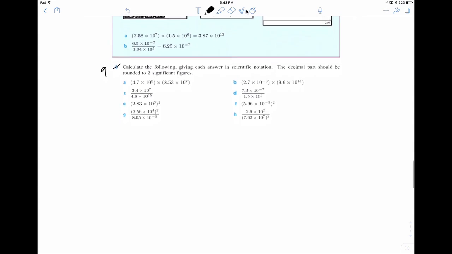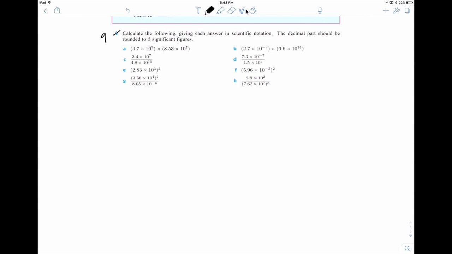And let me do just one of the 9s, and this will wrap it up. We'll do B. 2.7 times 10 to the minus 3 times. All right, let's do the ordinary, regular, real number multiplication first.